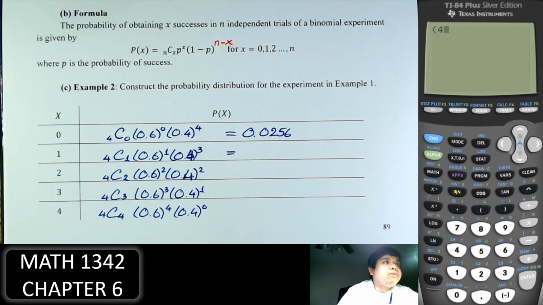For the combination, select 0 out of 4, then we have 0.6 raised to the 0 power and 0.4 raised to the 4 power. Right, we have that.